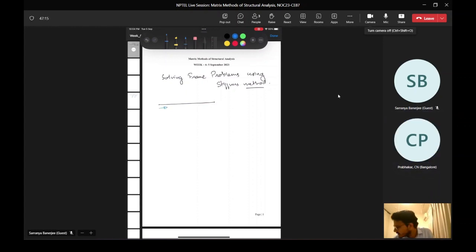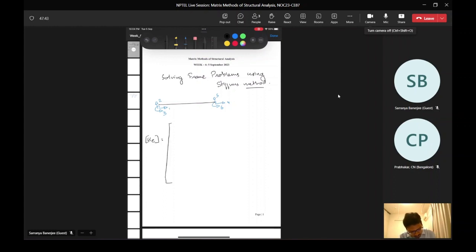So we need to just take the extra axial reaction. Degrees of freedom 4, 5, 6. This is a frame element, and now I'm going to write the element stiffness matrix of the frame element.